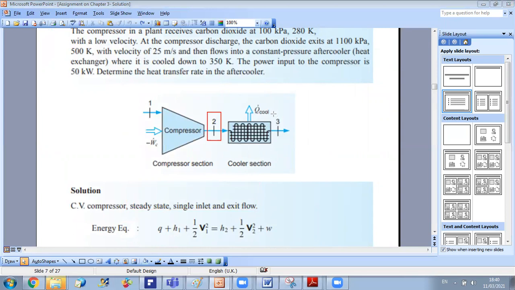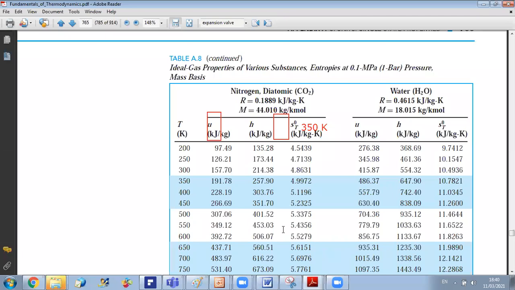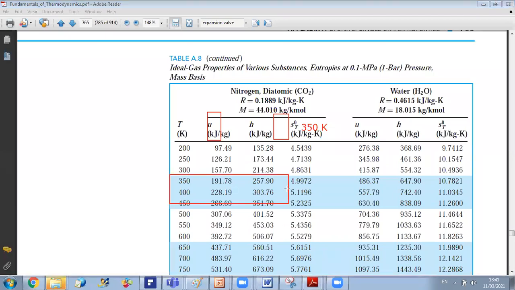Now, at the exit of the cooler section, we know the final temperature. Since we treat it as an ideal gas, we just need to know the value of temperature. So we're going back to our table and reading the corresponding value of H. For 350, I get H3 is 257.9.